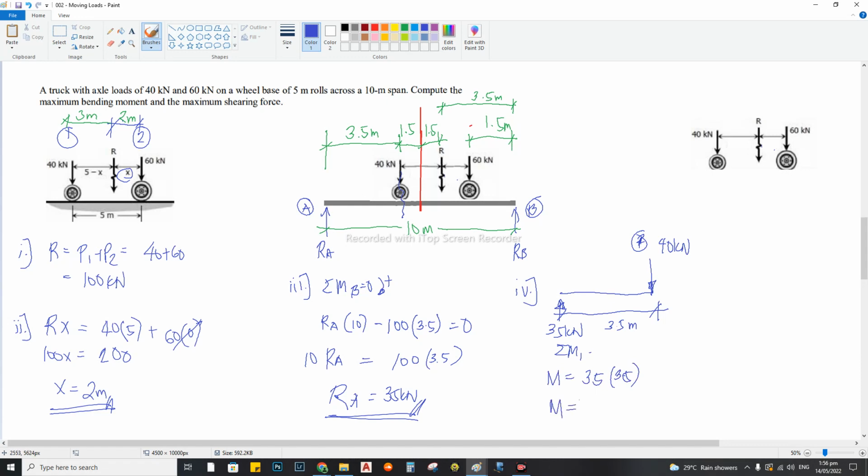And then moment is equal to, so atong maximum moment at load kang axle 1 is 35 times 3.5, then we will have 122.5 kilonewton meter.